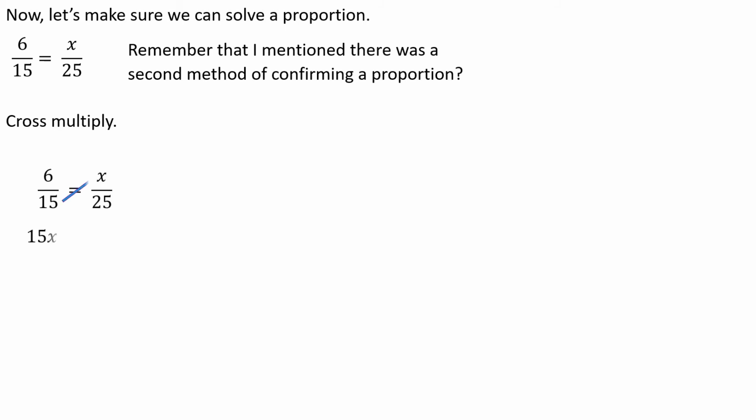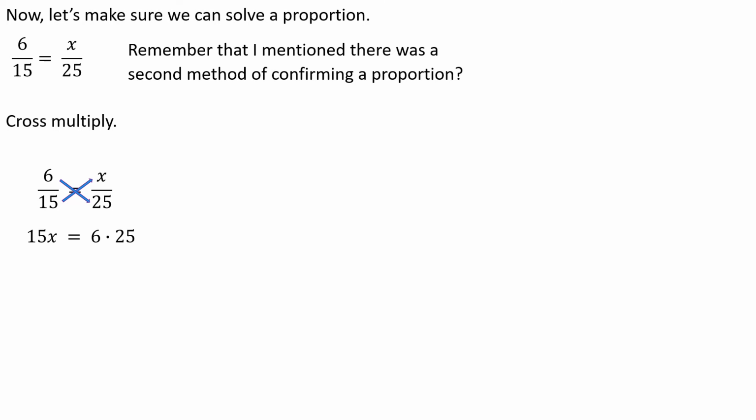So I'm going to have to do the 15 times the x. That'll give me 15x. I'll have to do 6 times 25. Set those equal to each other, right? Because if those ratios form a proportion, the cross products must be equal to each other.